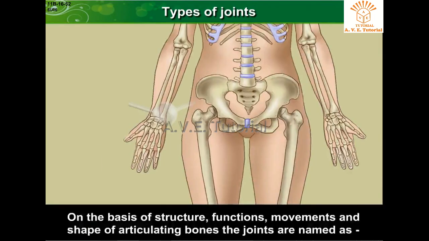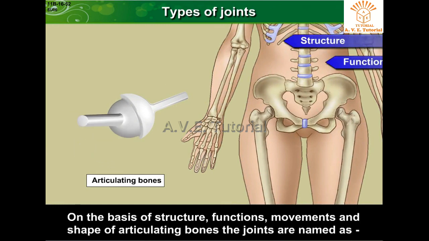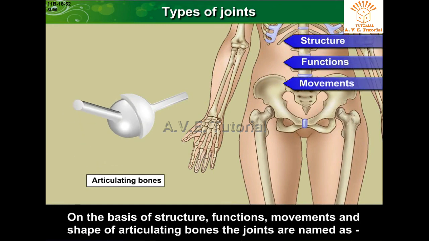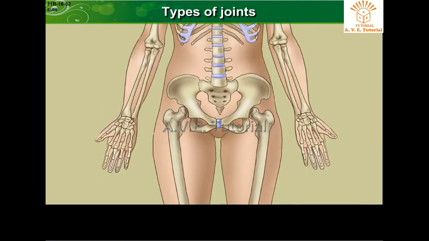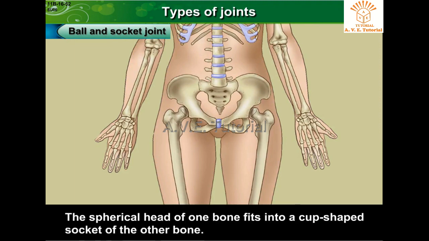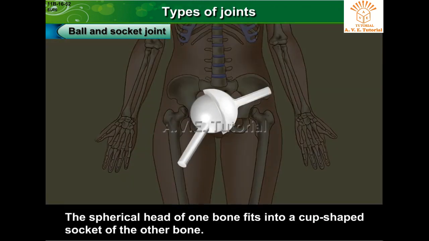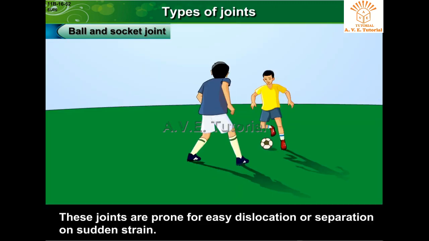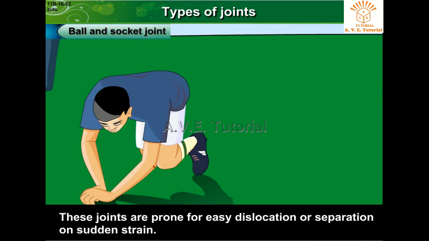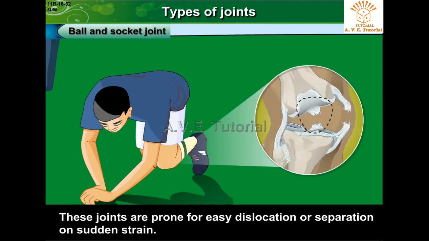On the basis of structure, functions, movements, and shape of articulating bones, the joints are named as follows. 1. Ball and socket joint. The spherical head of one bone fits into a cup-shaped socket of the other bone. These joints are prone to easy dislocation or separation on sudden strain.